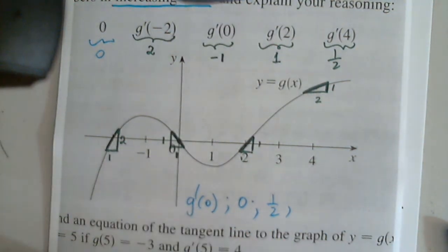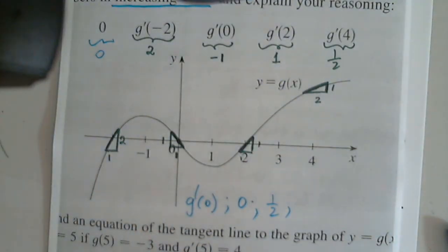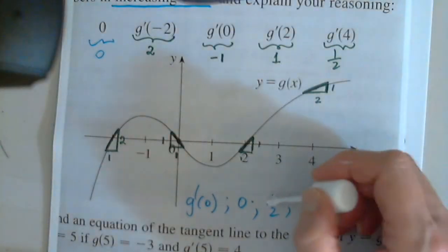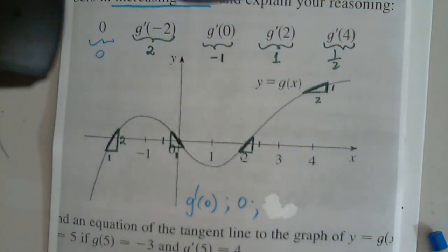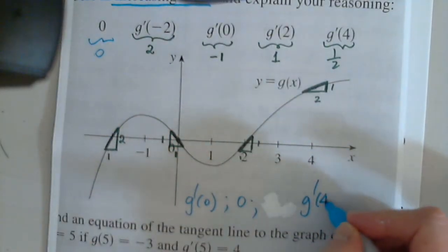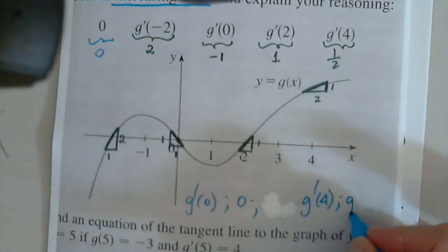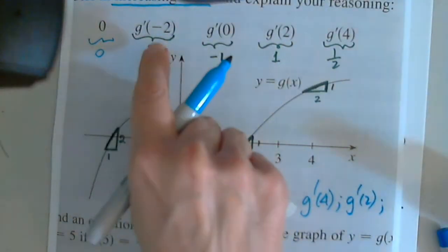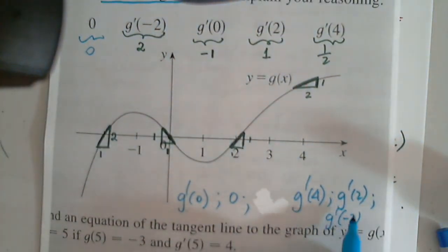So I either write g primes or I write numbers. I cannot do both. Okay, so g prime of 0 was the first, then 0, and now g prime of 4. And after g prime of 4, I will have g prime of 2. And the last one, g prime of -2. So 1, 2, 3, 4, 5.